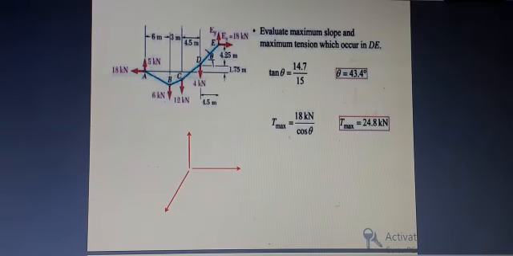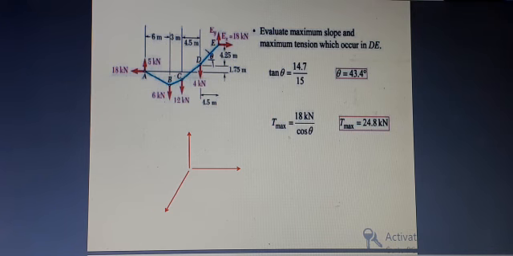Then to find the maximum tension and maximum slope of the cable, you have to calculate it using the angle of inclination. Where the angle of inclination is maximum, the tension is maximum in that portion.